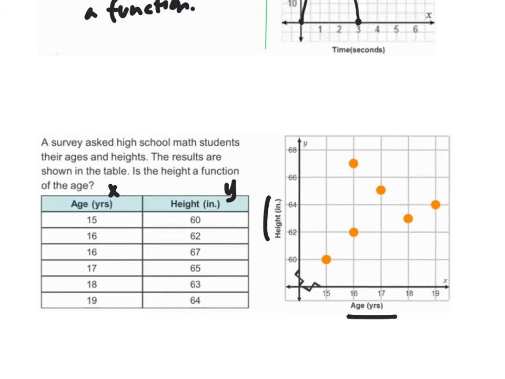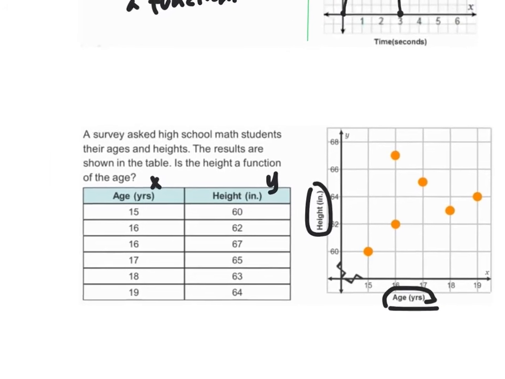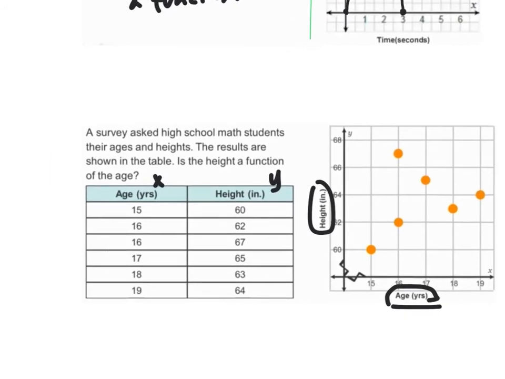And I'm telling that not only from the table, but looking at the graph, okay? And what I notice here is that in this situation, this is not a function, okay? Because we are taking a look at students that are different ages, okay?